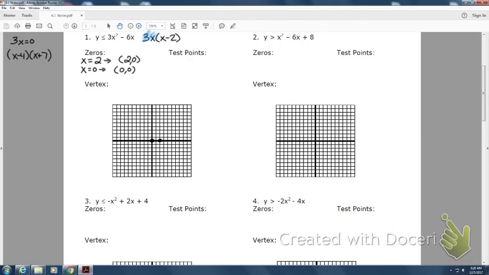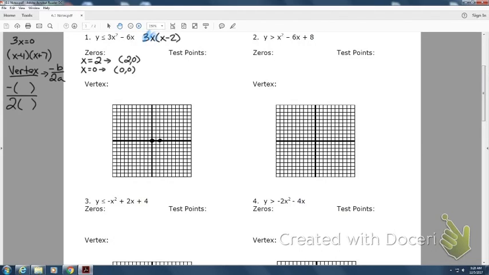Next, we're going to find the vertex. Which again, this is going to be negative b over 2a. Okay, Cooper, what is the b value? Looking at the original equation. 6.